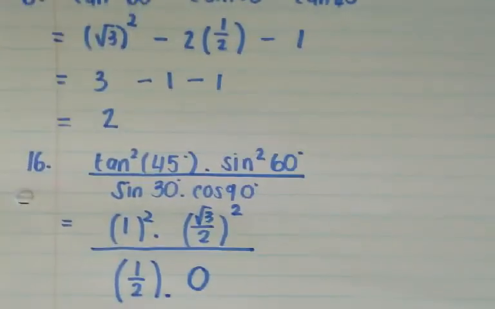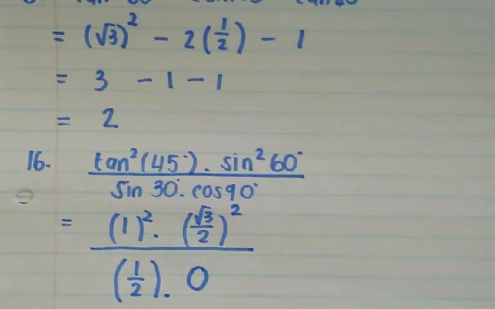Can I go any further? Why not? There's nothing I can cancel, but I could multiply out. But would it even be worth multiplying out? What must we always be wary of when we have a fraction?